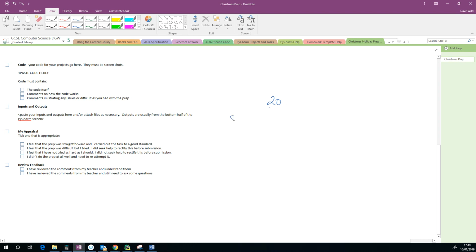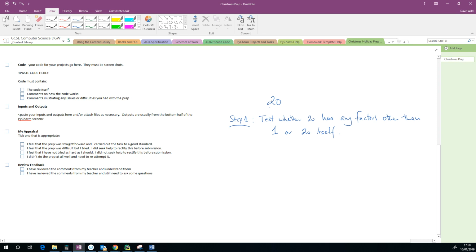So step 1 is test whether 20 has any factors other than 1 or 20 itself. In other words, if 2 divides into 20, it's not prime.